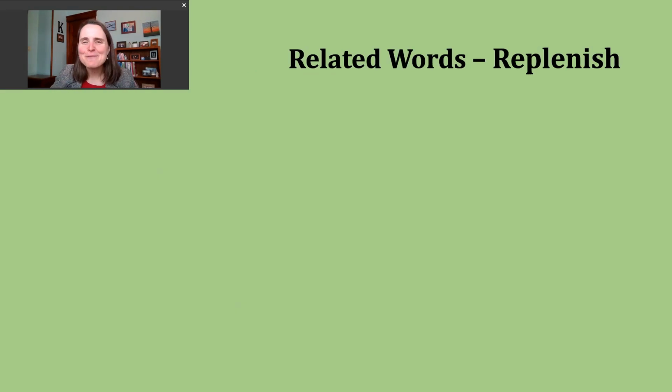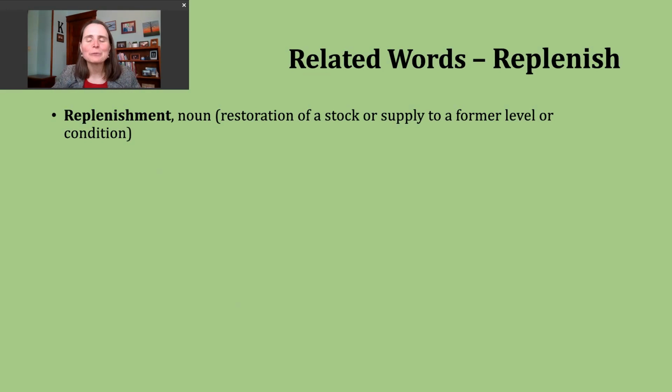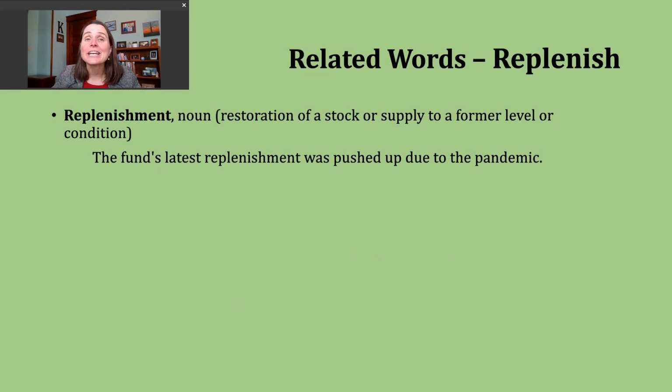Now, let's spend a moment talking about some words that are related to our verb replenish. The first word we're going to discuss is the noun replenishment. This is the restoration or the restocking, the resupplying of something to a former level or some type of former condition. An example of this might be, the fund's latest replenishment was pushed up due to the pandemic.